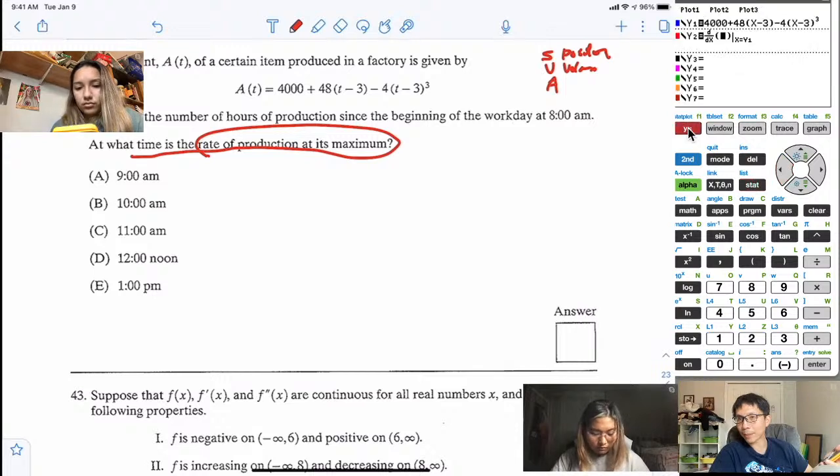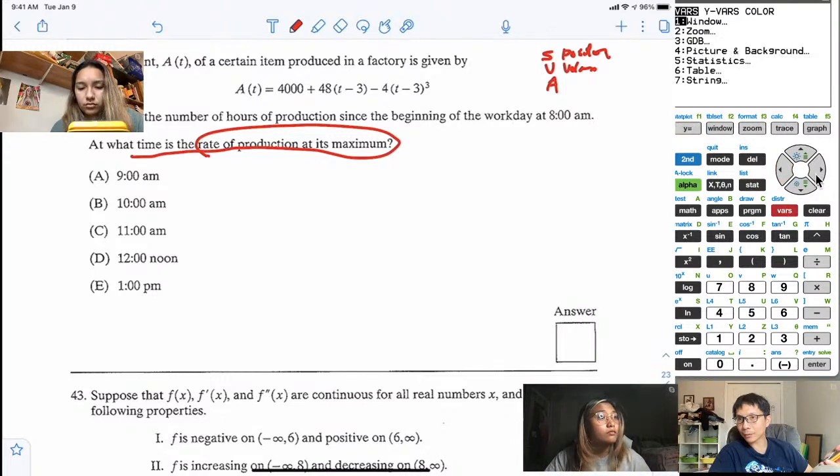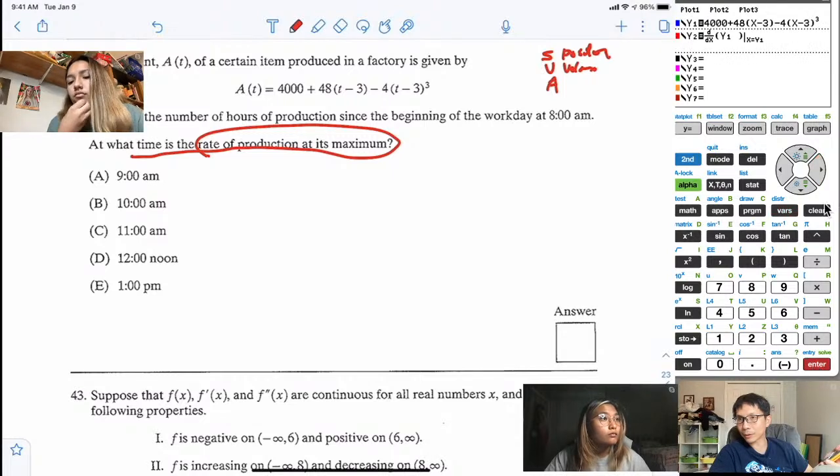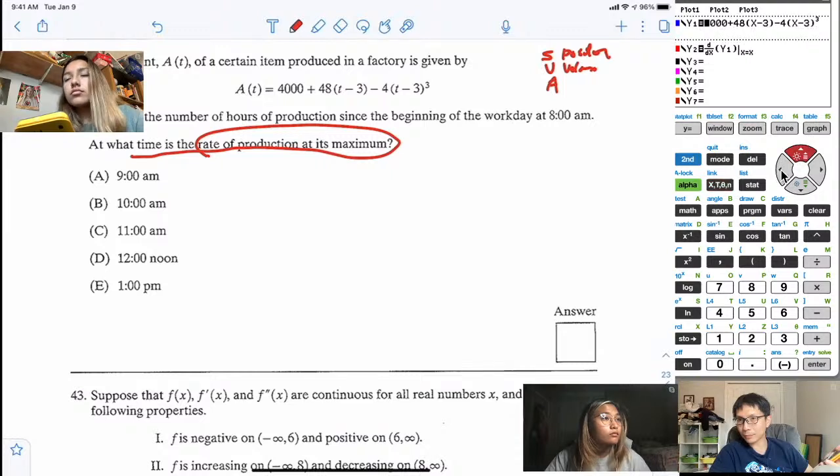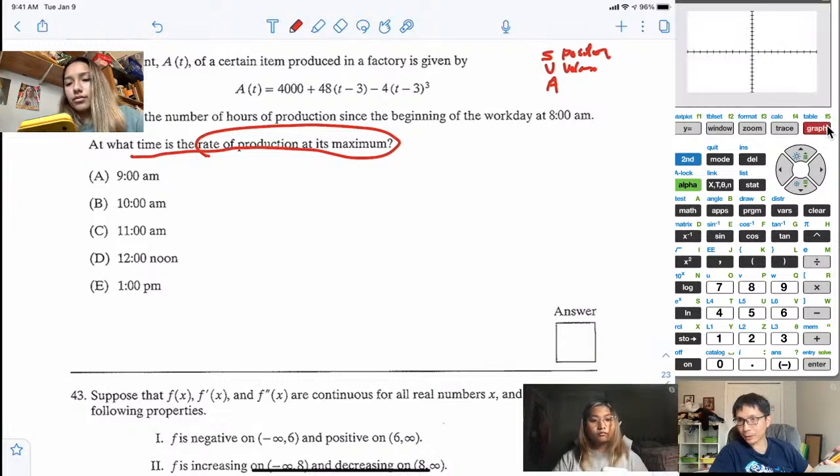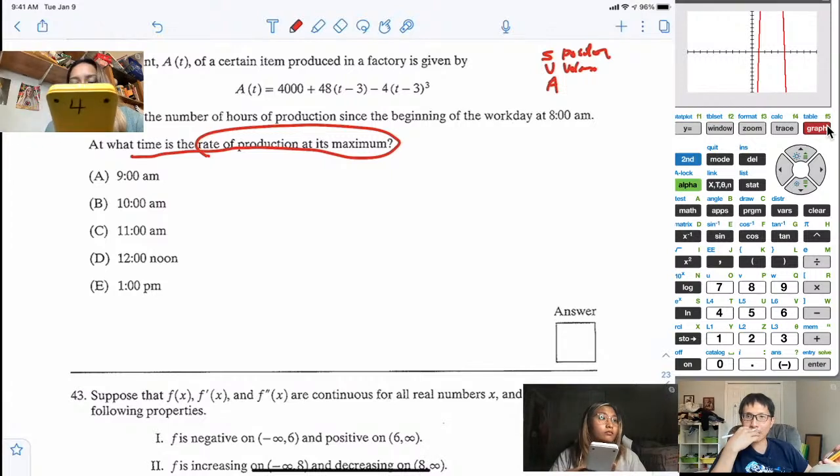I did something wrong. Function y1, and this one if you graph the function is just x equal to x. Does that make sense? And I don't highlight the original function. I only highlight the derivative. Yes, and I'm pressing graph. And obviously, I see two lines, right?